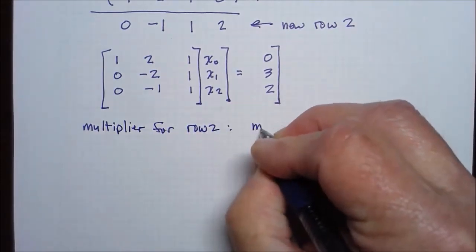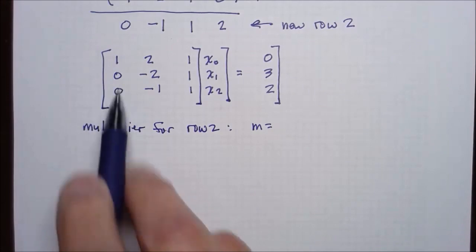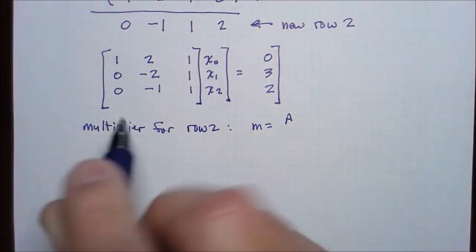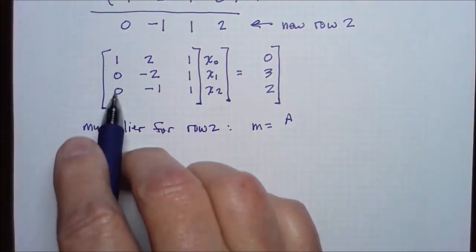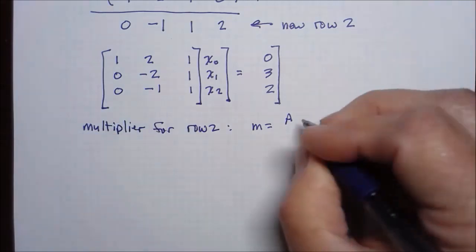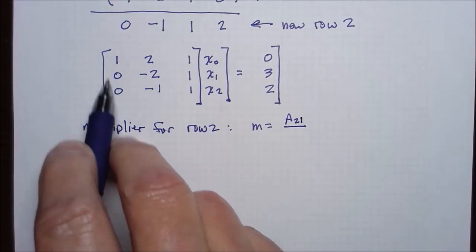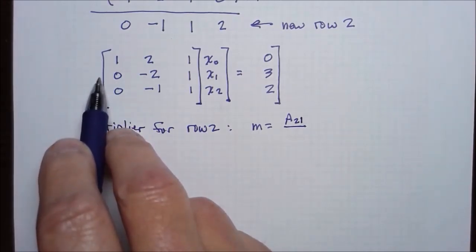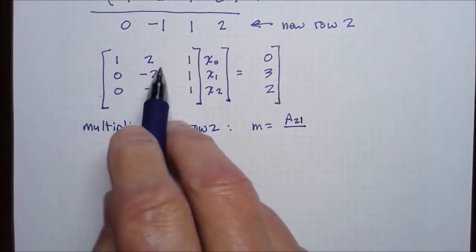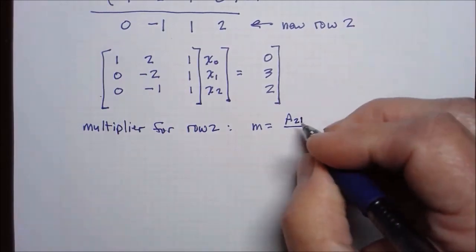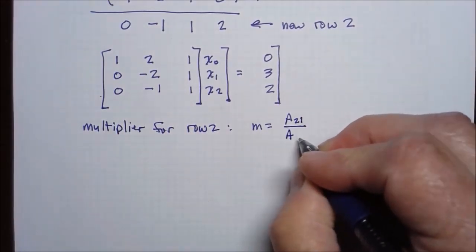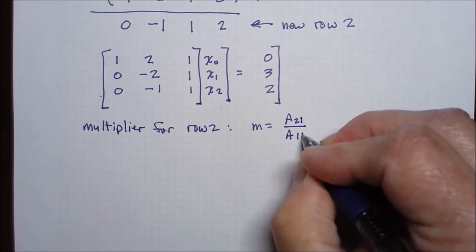This multiplier is going to be capital A, row 2, column 1, A21, divided by A, row 1, column 1. So this is divided by A11.